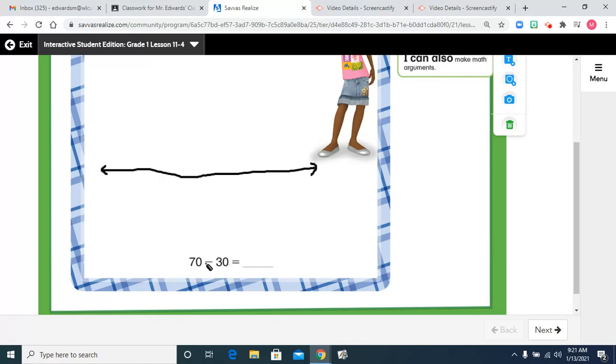What addition equation could we make that would help us solve 70 minus 30? Well, we know that the bigger number is 70, so that'll be our sum. And we know that 30 is a part, plus, but we don't know what the other part is, so we'll put a blank for that.